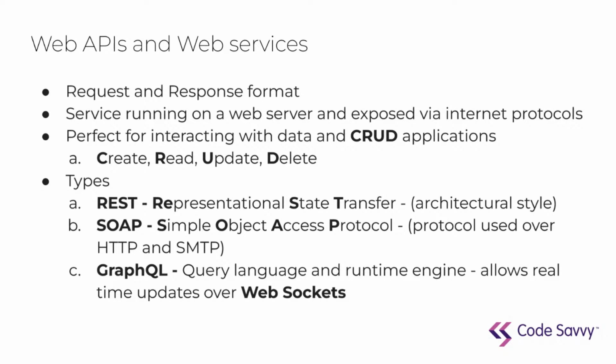So any sort of application where we have data and we want to be able to manipulate that data or retrieve it is going to be a perfect use case for a web API.